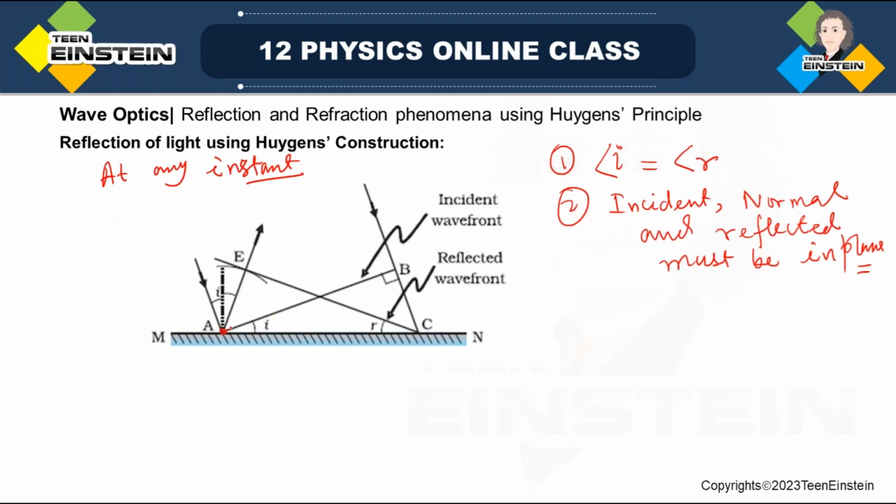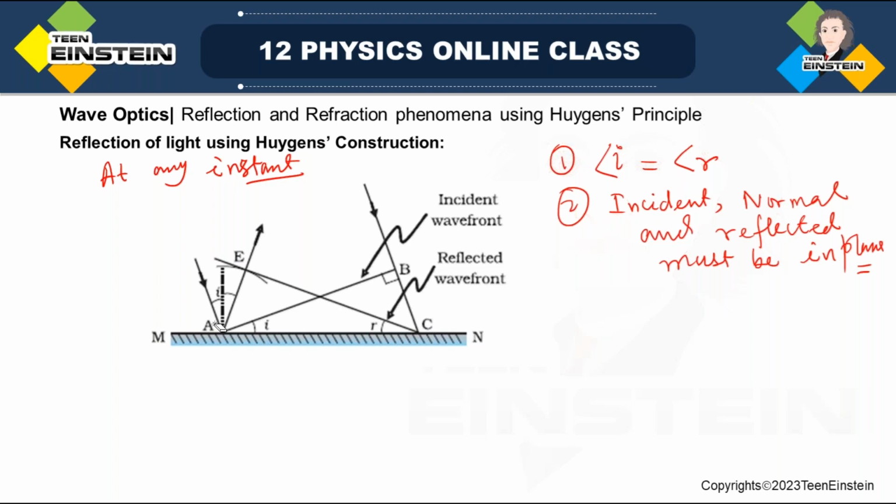See this AB plane wavefront we have taken here. So this is a plane wavefront. This is the incident wavefront. It is incident on the reflecting plane MN. MN is the reflecting plane.